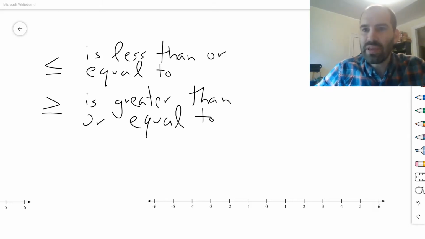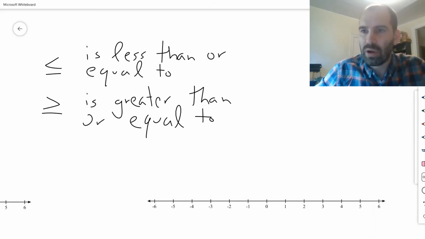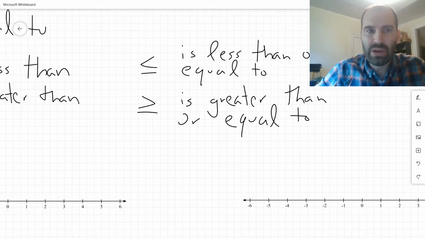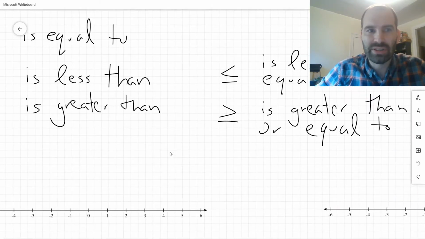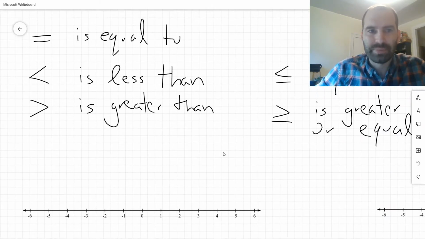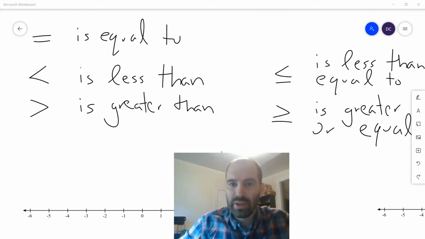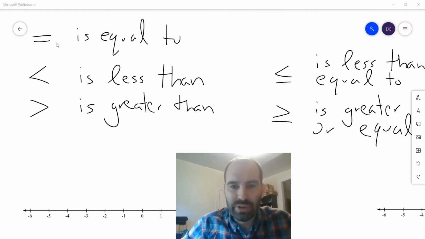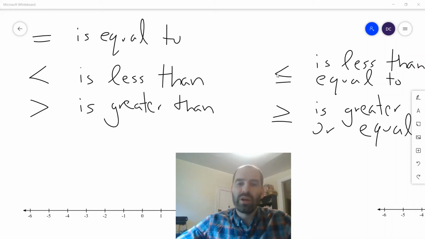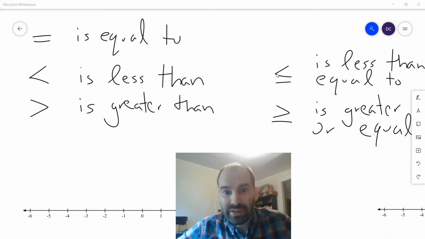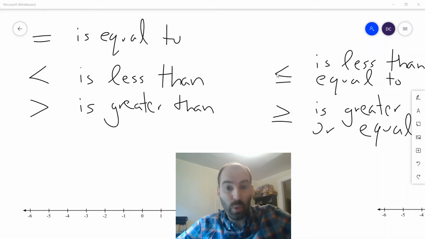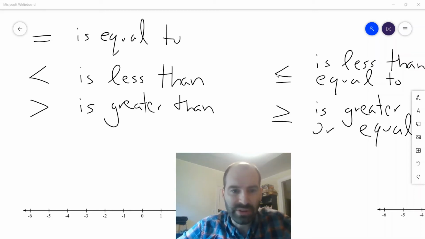Okay, so these are our inequality symbols. We have equality, the equal sign we're used to, and then we have these inequality signs. So we're going to be talking about inequalities, which are analogous to equations, but using these symbols instead of an equal sign.